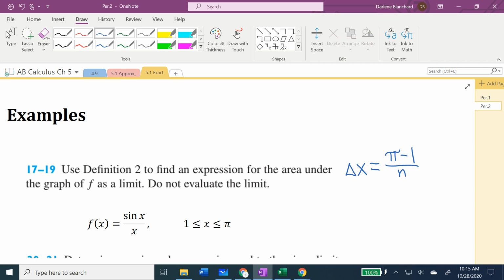All right, that's the first thing. The second thing that I do is I get my x sub i formula. My x sub i formula is, I've got a starting number, and I add to that starting number the width times delta x, or sorry, the width times i.